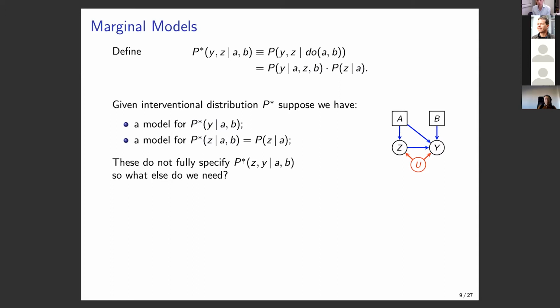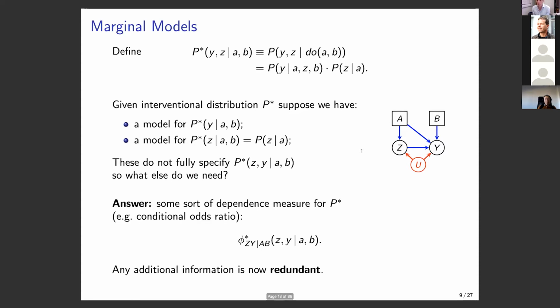So now that's good. We know two parts of this interventional distribution, but we need something to tie those two margins together. So we need some kind of dependence measure which will join them together given the margins. The canonical example of a dependence measure is the conditional odds ratio if Z and Y are discrete.